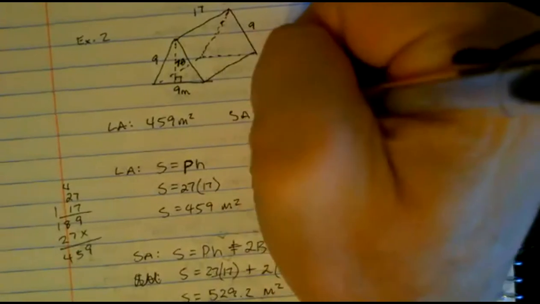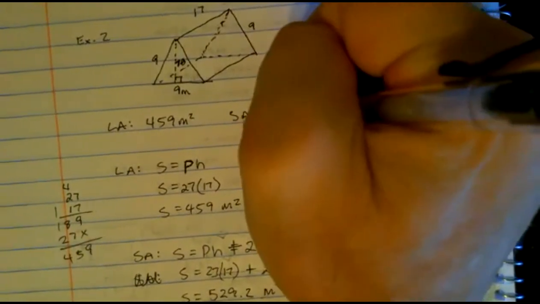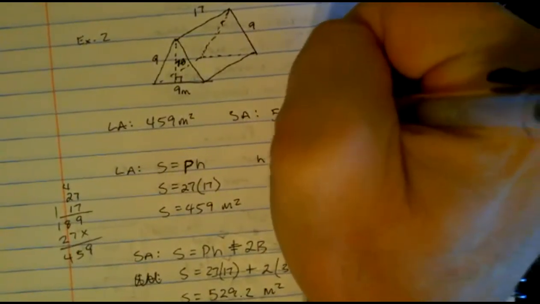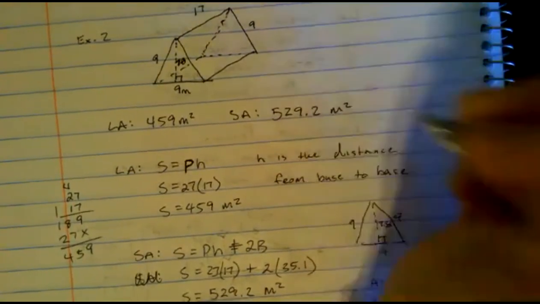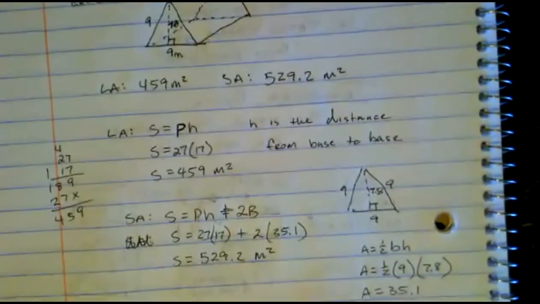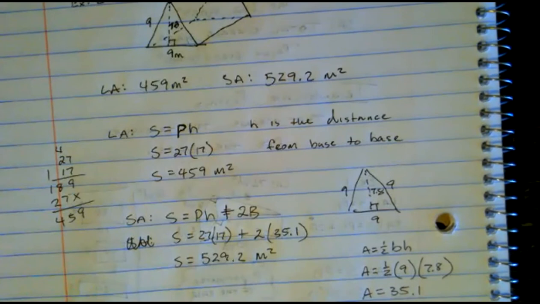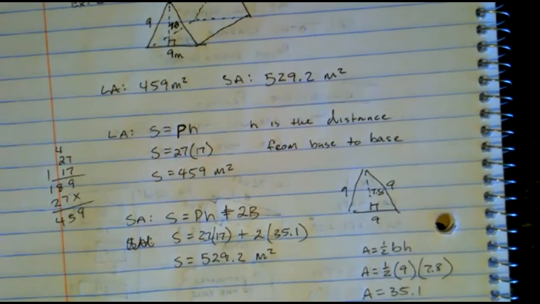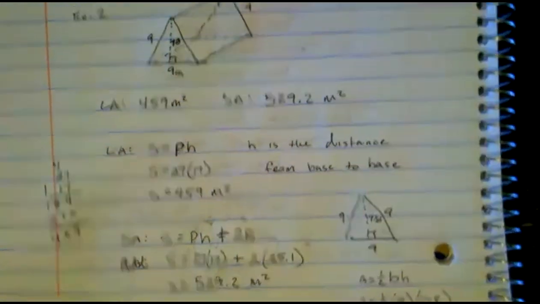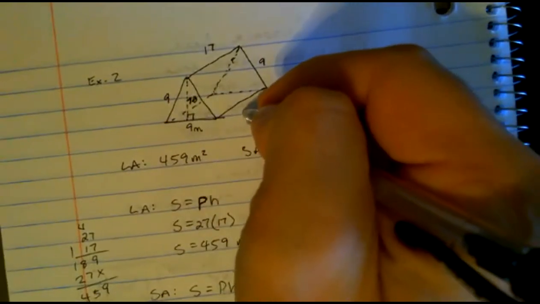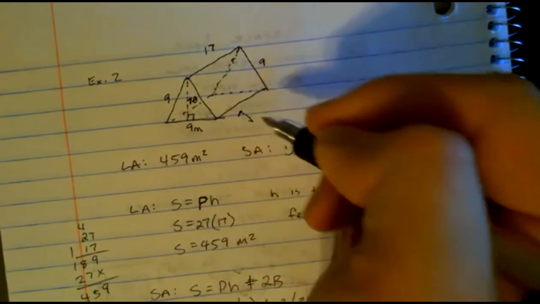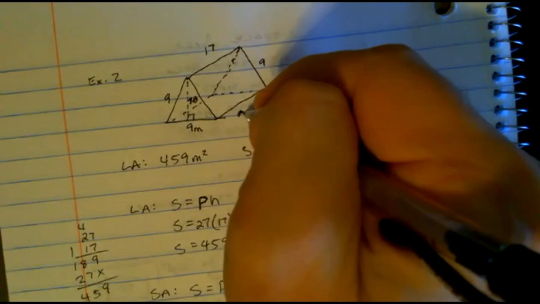So it's very important that we can recognize what shape our base is, and then we can work the problem as is. But with triangular prisms especially, we need to pay attention, because they are sitting on that side. For this one, it's sitting on what looks to be this side down here underneath.